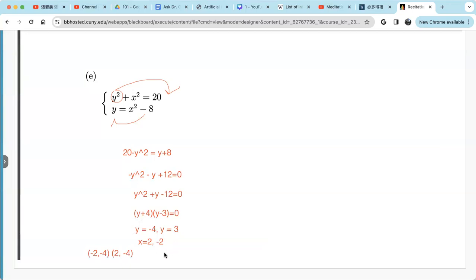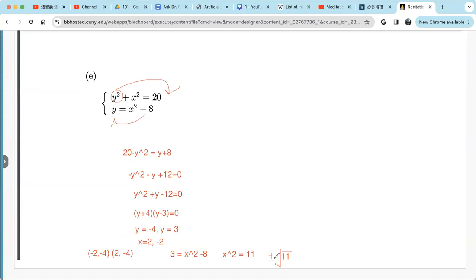When y equals 3, 3 equals x squared minus 8. Move -8 to the other side. So x squared equals 3 plus 8, 11. So two solutions for this one too: square root of 11, and of course, it's plus or minus, 2 values.